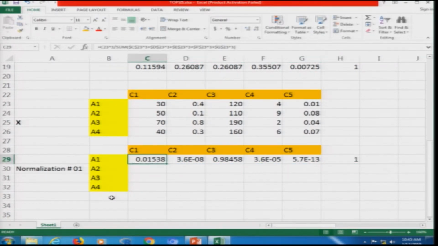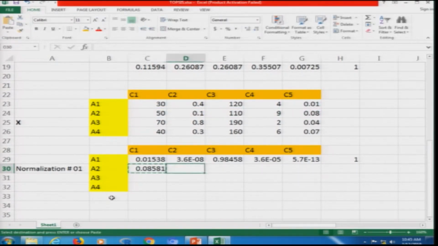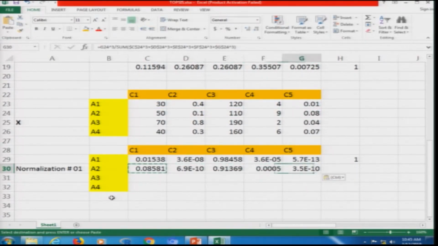So, now I normalize the second value. So, it will now be C24, D24, E24, F24, G24. So, this value is done, again 1.